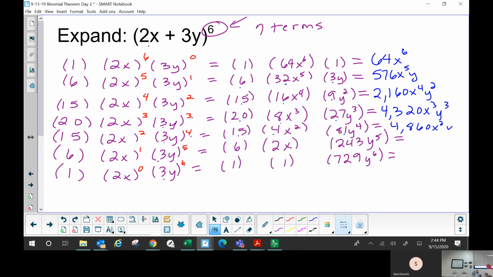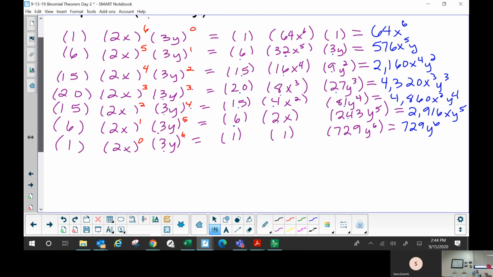And then x squared y to the fourth. What's 6 times 2 times 243? 2,916. And that's x y to the fifth. I'm running out of room. And then 1 times 1 times 729 y to the sixth is just 729y to the sixth. So all of those combined are your answer.